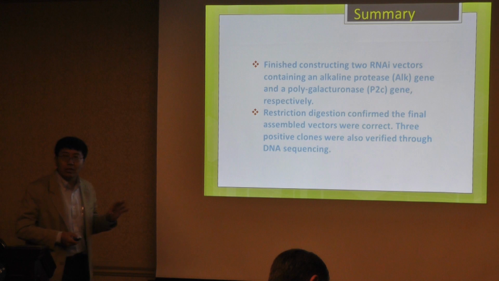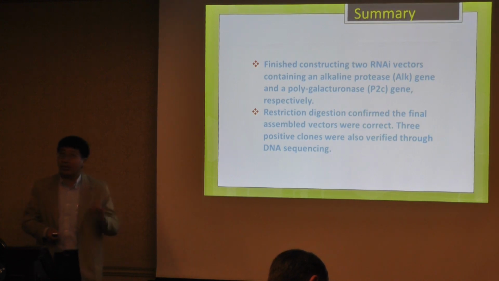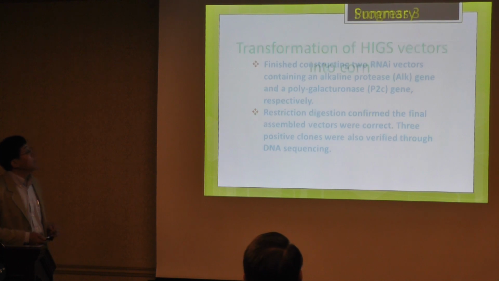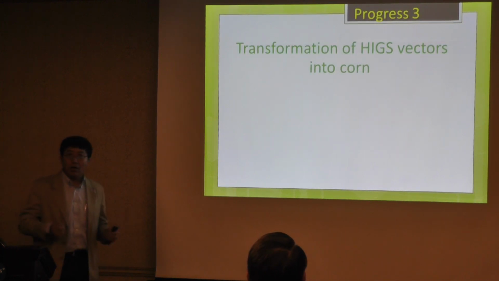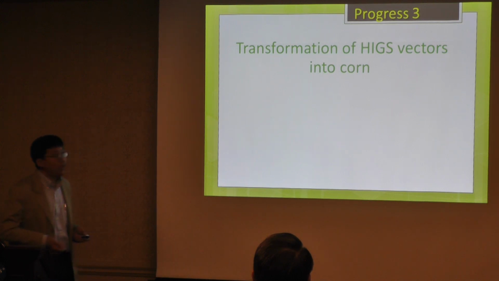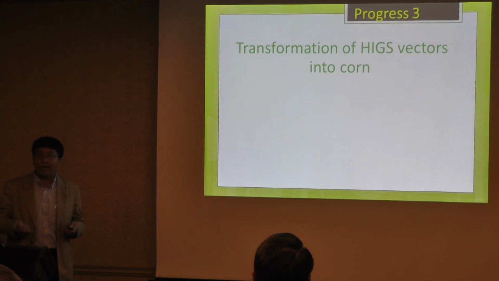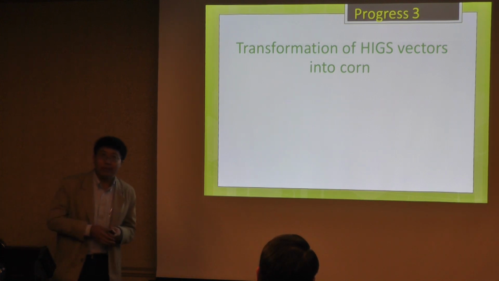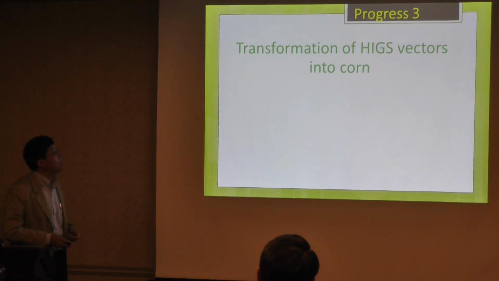And 3 of those positive clones also had sequence confirmation, so they are correct clones. Once we have the clone, we have to get it transformed into maize before we can do anything. So for the transformation, that's where our collaborators come in, and they are very good at transforming genes into corn.